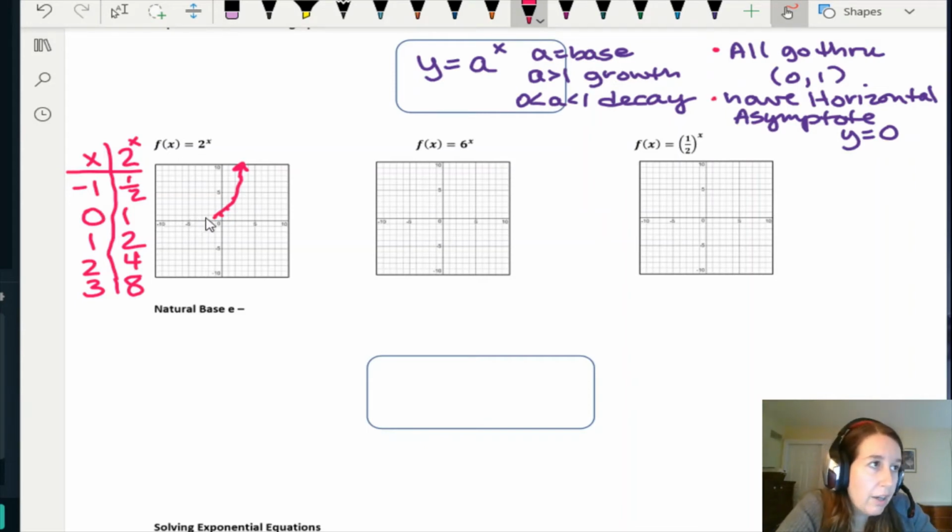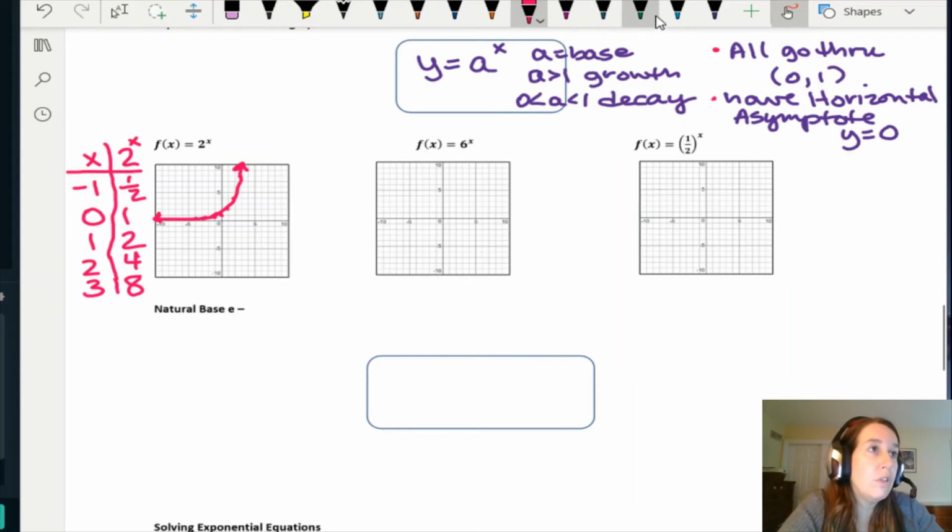Well, I only did -1, and there I got 1/2. But if I did x equals -2, I would get 1/4. If I did x equals -3, I would get positive 1/8. So I'm not getting negative numbers for the graph. I'm getting fractions closer and closer to 0.